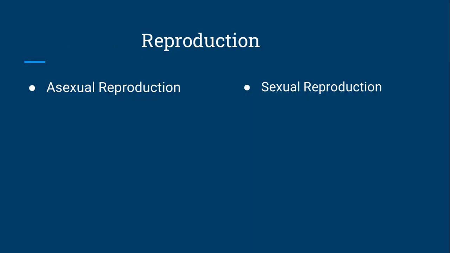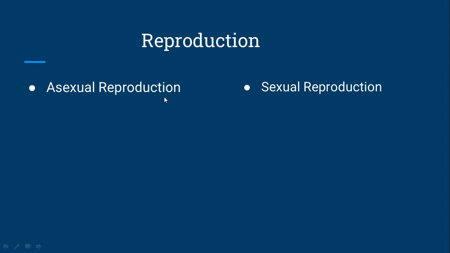Next, the reproduction. Two types of reproduction are present in the Penicillium fungus. One is asexual reproduction and another one is sexual reproduction. What is asexual reproduction? In it no fusion of gametes takes place, but it mainly occurs by the production of spores in the fungus.